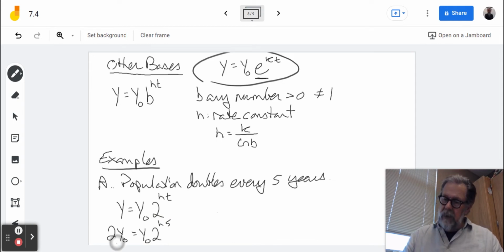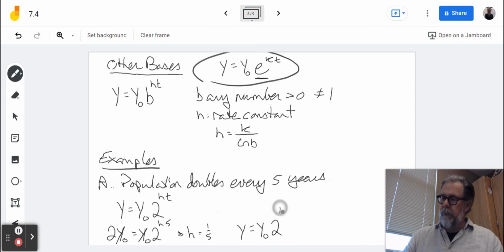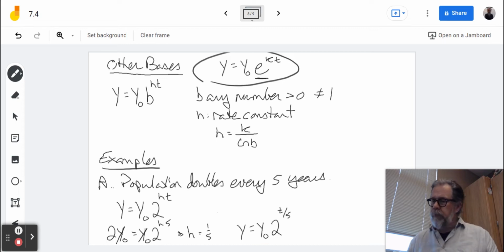So let's do a little bit of simplification. We divide both sides by y sub naught. 2 is equal to 2 to the power of h times 5. Clearly, h times 5 must be 1, which means that h is equal to 1/5. And therefore, the equation for a population that doubles every 5 years is y is equal to y sub naught 2 to the power of t over 5.